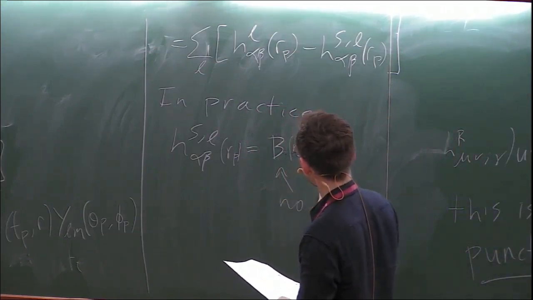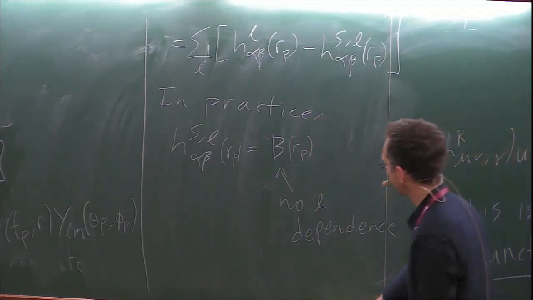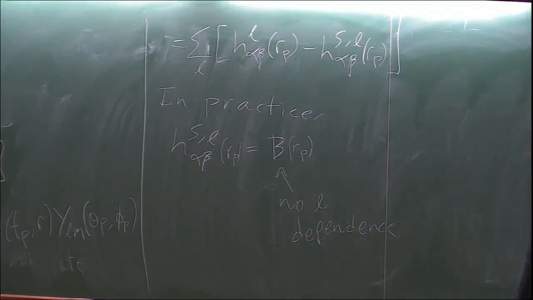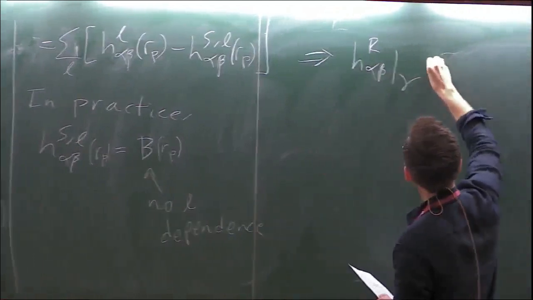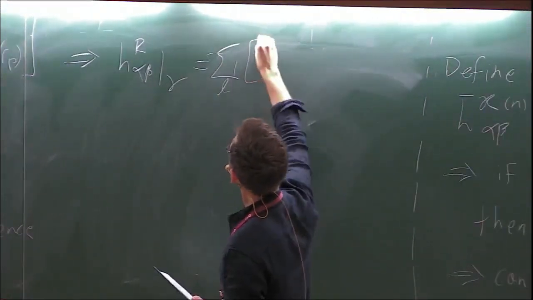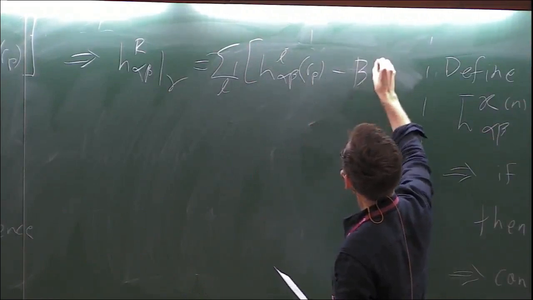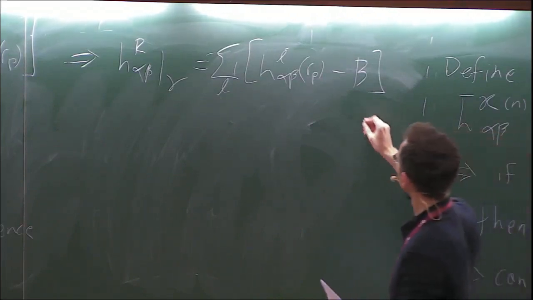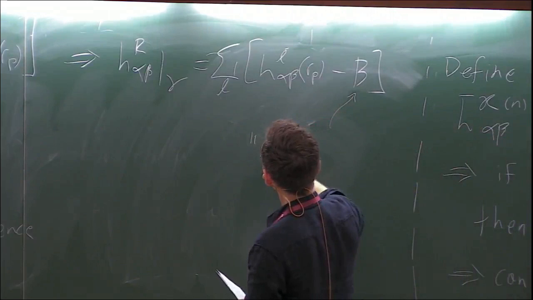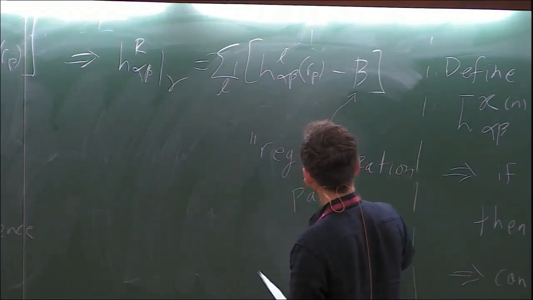It's independent of L. So then what we've got is that H^R on the world line is just a sum over L of H_L alpha beta at R_p minus this number B. And this gets called the regularization parameter.